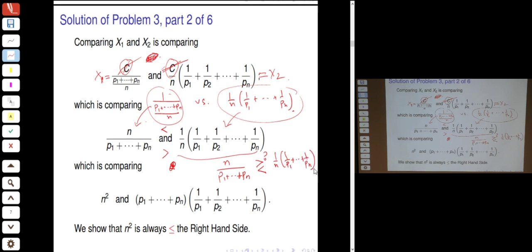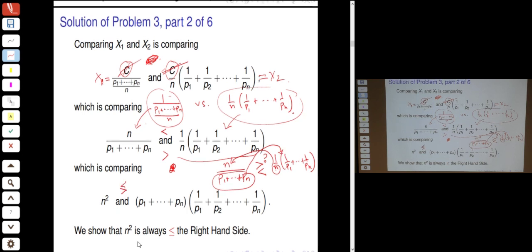In the case of either inequality, you can cross multiply and transfer this n to the other side, and transfer the summation of Pi's to the right hand side. So in reality, this reduces to a comparison between n square and P1 plus P2 up to Pn times 1 over P1 plus 1 over P2 up to 1 over Pn.